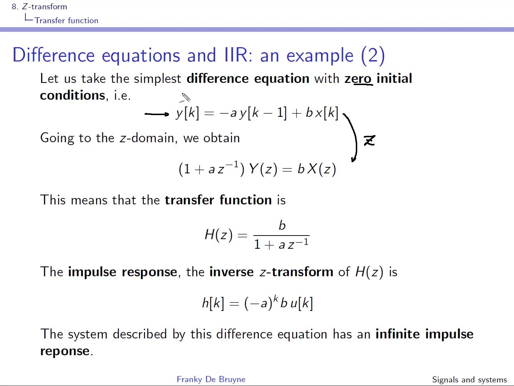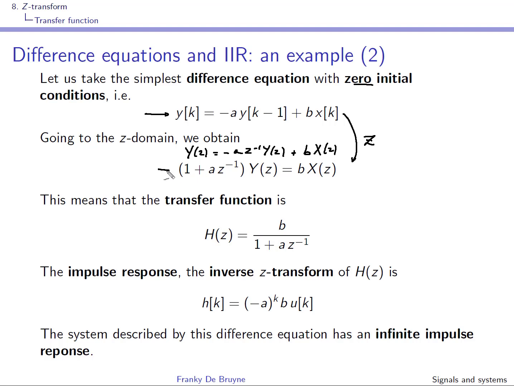So here we'll have y of z is equal to minus a, well, here we shift by 1, 0 initial condition, so we'll have z minus 1 y of z plus b times the z transform of this input sequence x of z.